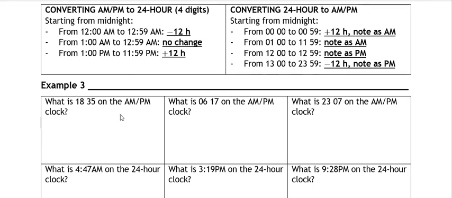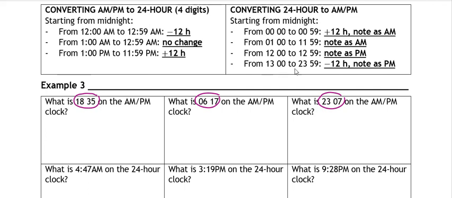For the first row of the example here, this is how to convert 24-hour to AM PM. Let's start with the first one. What is 1835? That's how you read it. 1835, 617, 2307. So let's see here. 1835: we are going to use which one? First, second, third, fourth.